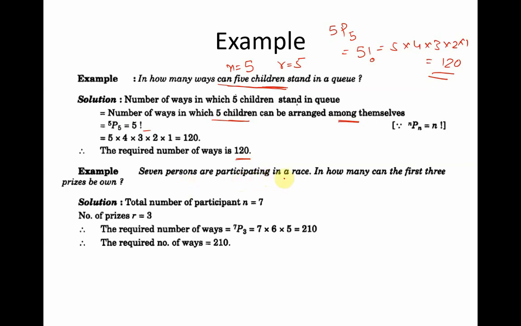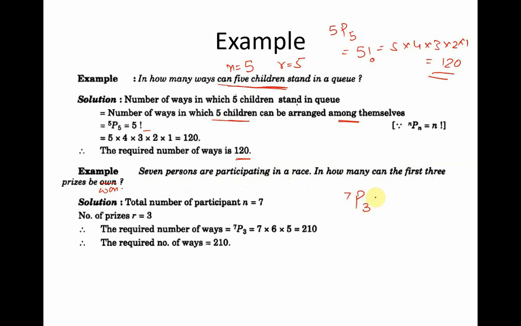Again, 7 people are participating in a race. In how many ways can the first 3 prizes be won? So once again, similar to the problem that we have just talked about, we have now 7P3.